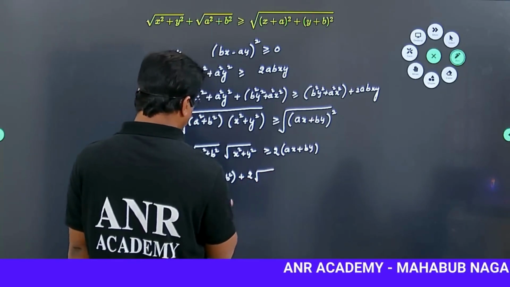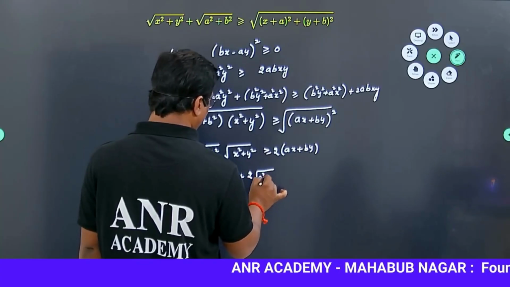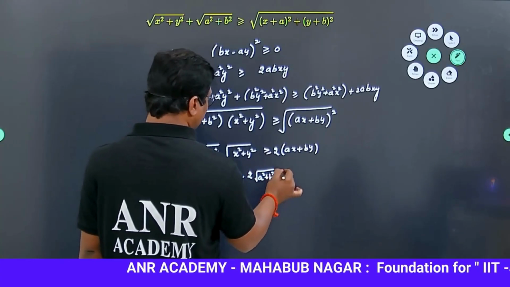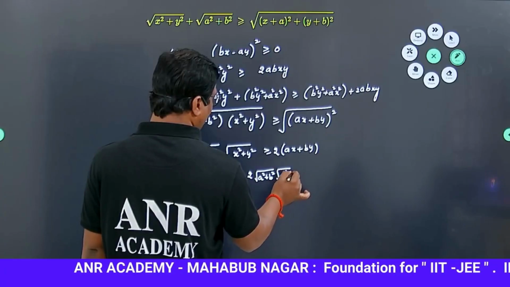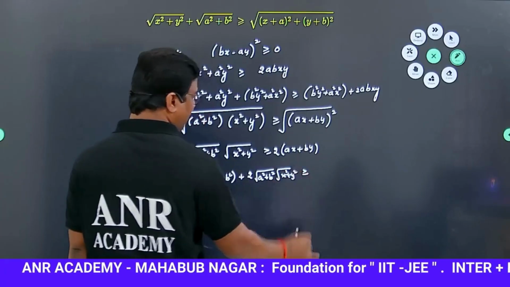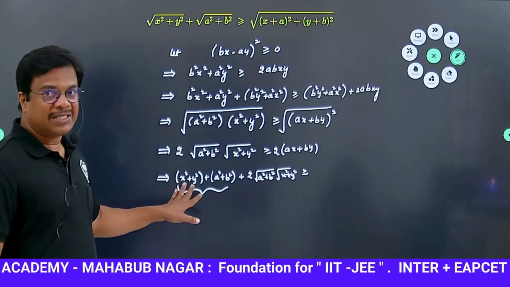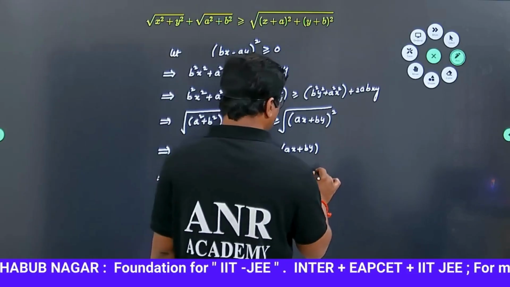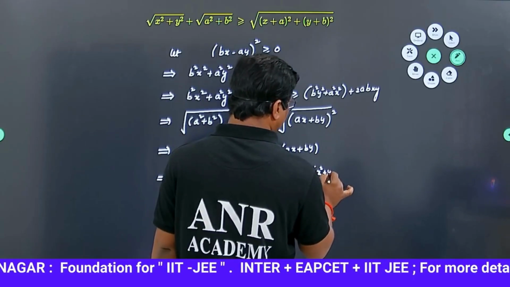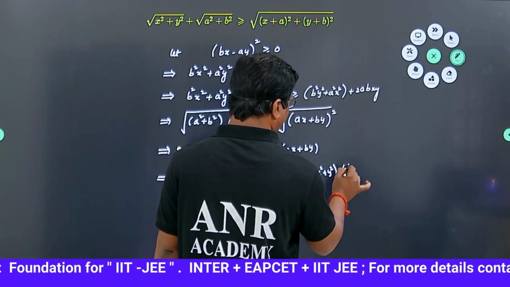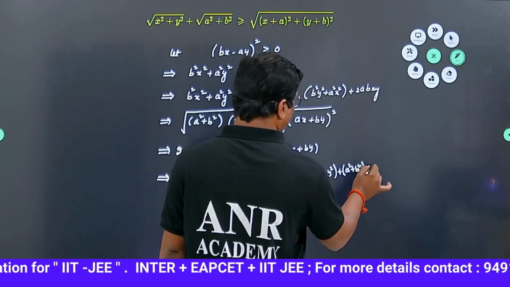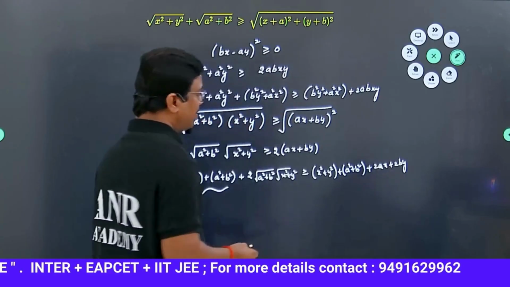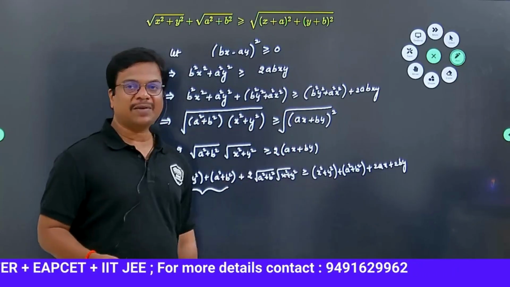Adding this term, we get 2 times root over a square plus b square multiplied by root over x square plus y square, which is greater than or equal to, adding x square plus y square plus a square plus b square, and you have 2ax plus 2by.